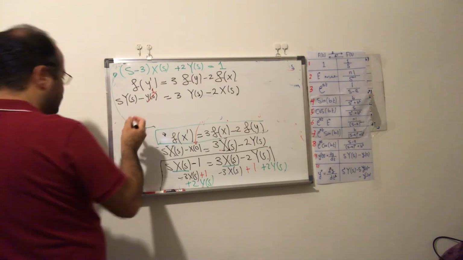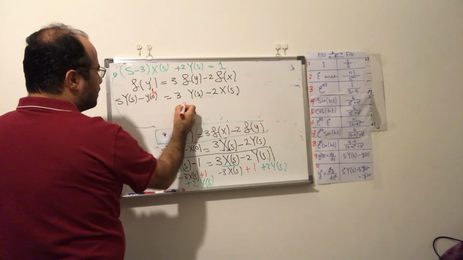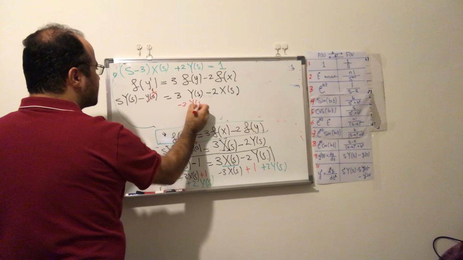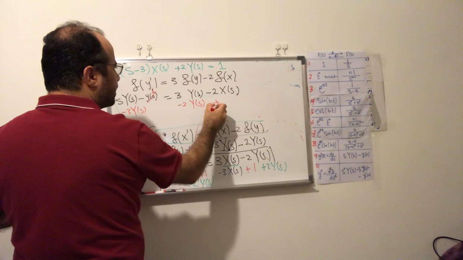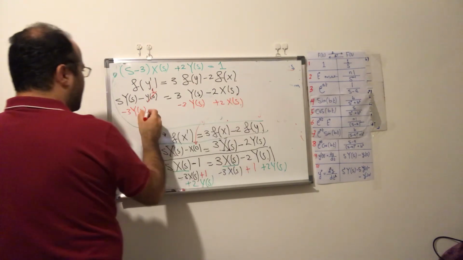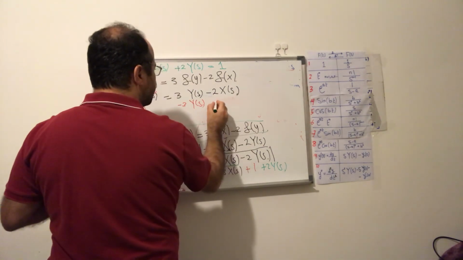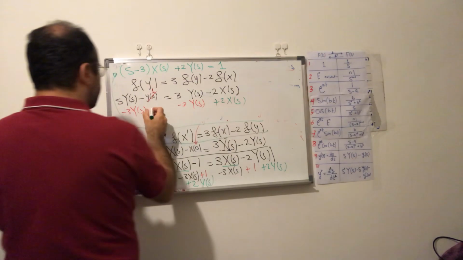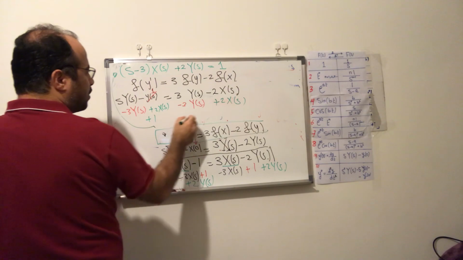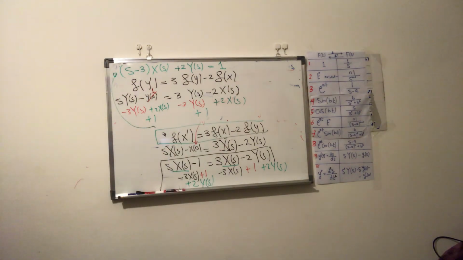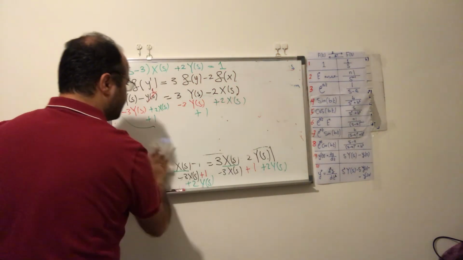Now again I need to make this nicer, so I will subtract 3Ys from both sides, minus 3Ys, and I also add 2Xs to both sides, so plus 2Xs and plus 2Xs, and also I will add 1 to both sides, and then finally I will have another nice equation.